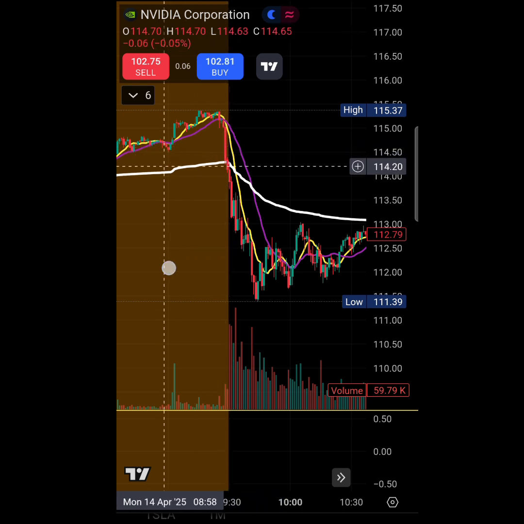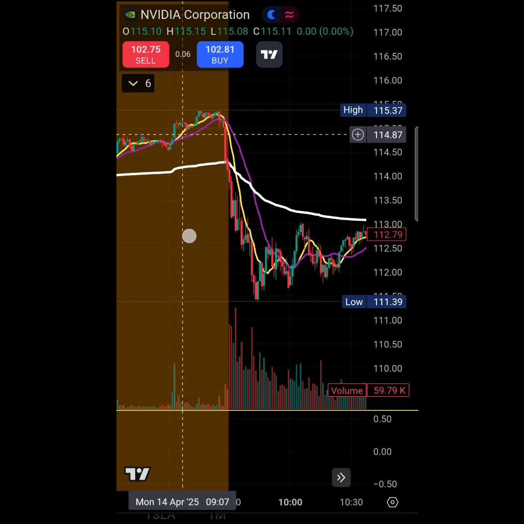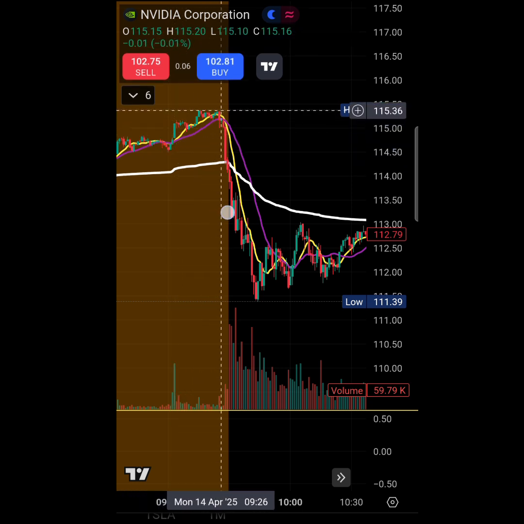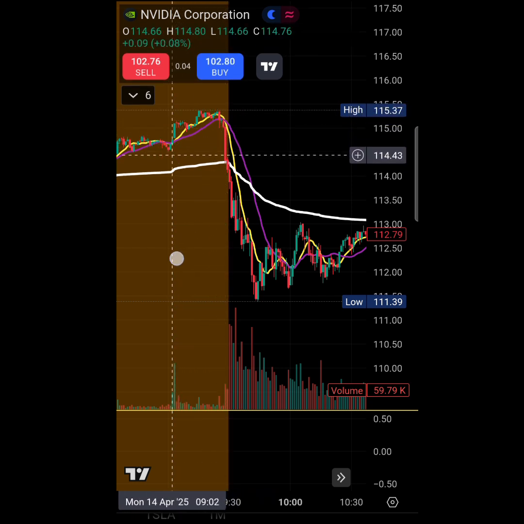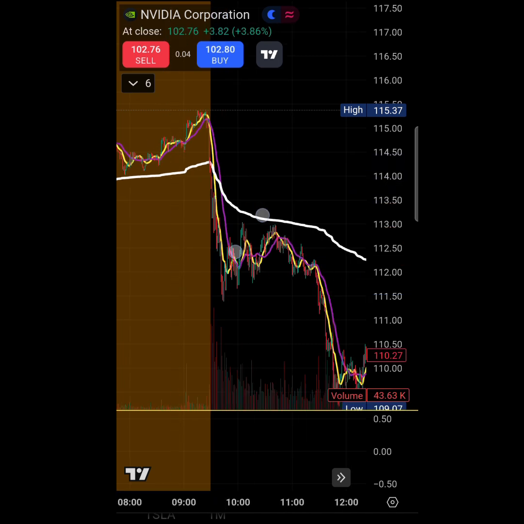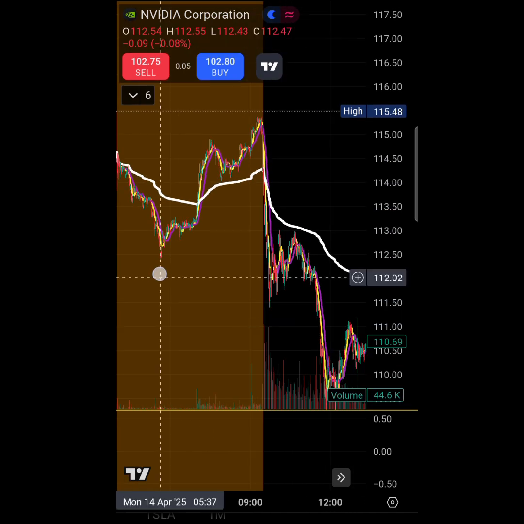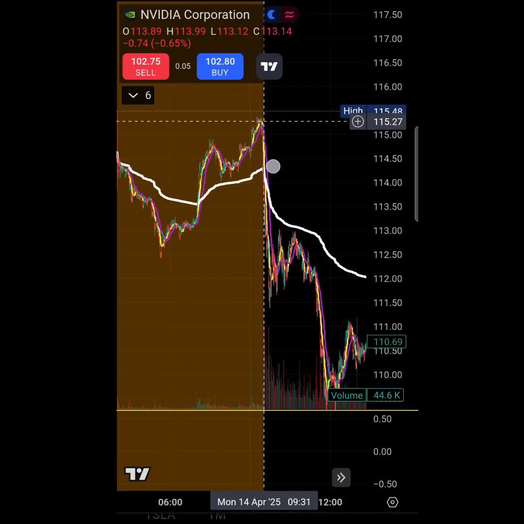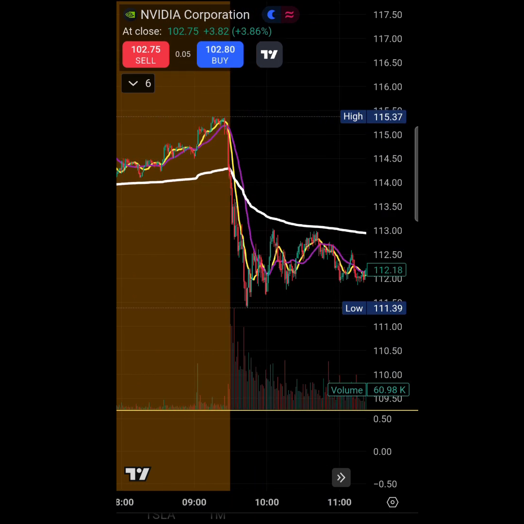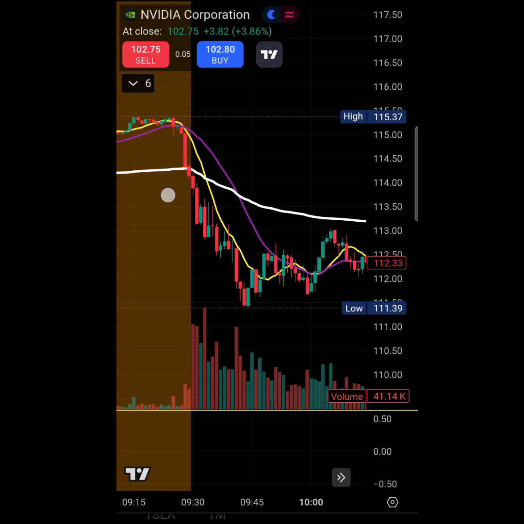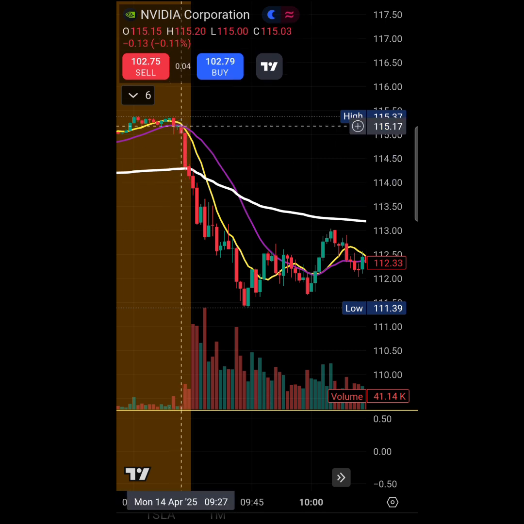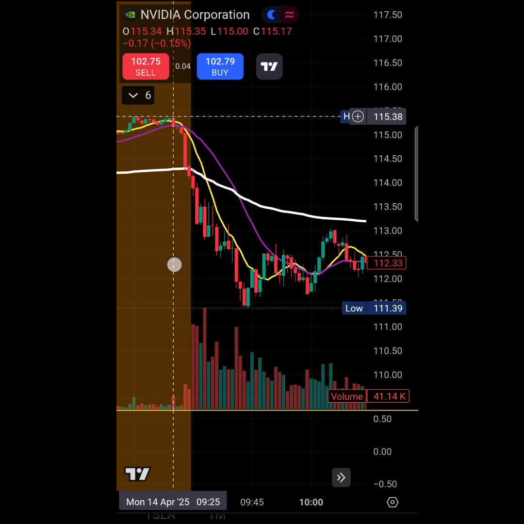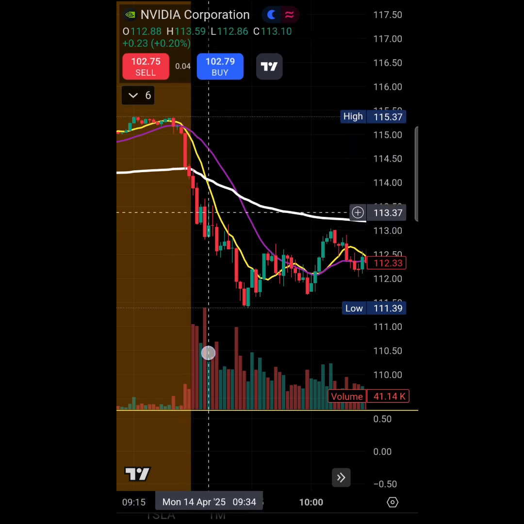So as pre-trading hours is coming towards 9:30, what do we notice? We notice that it's already gone to the top of its range. It's moved from 112 all the way up to $115. So now at this point, we know it's got to go down, because what goes up must come down. It's reached its max potential, so it's going to fall.